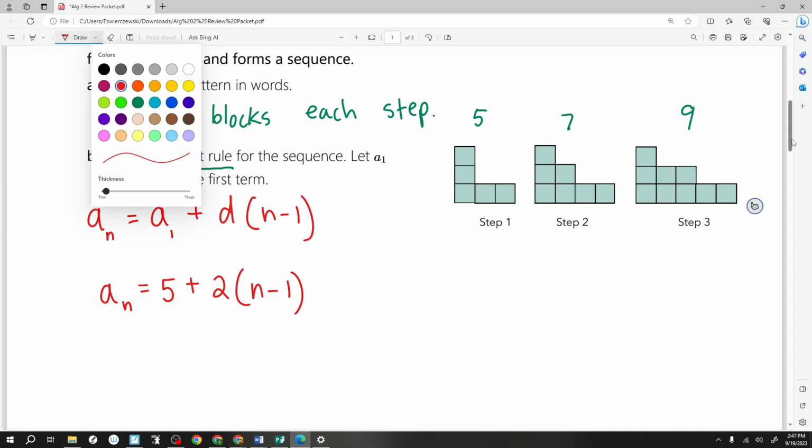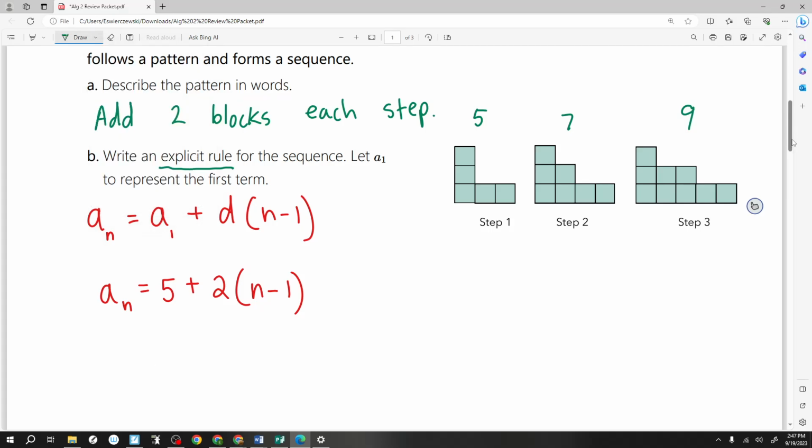If you wanted, you don't need to do this because it didn't ask you to, but if you wanted to simplify this, you could distribute the 2, and this is maybe good practice, and you could say a simpler form. What is 2 times n? What is 2 times negative 1?